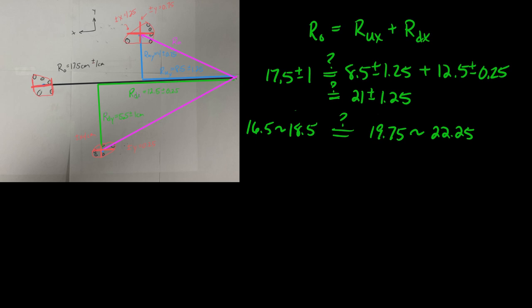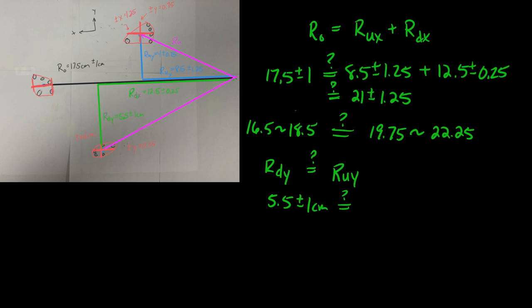Good? You do the same thing for the other side. Except those two numbers are supposed to be equal. So is 5.5, because this is R down in the y direction, equal to R up in the y direction? I have 5.5 plus or minus 1 centimeter.